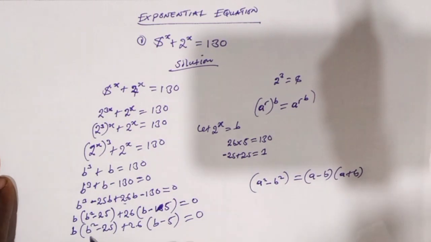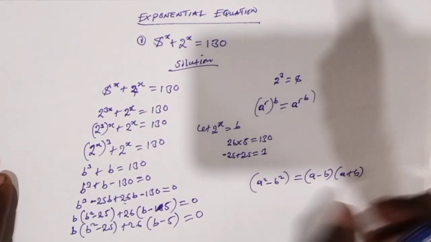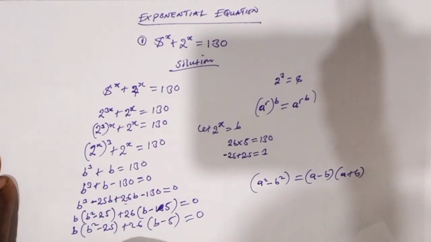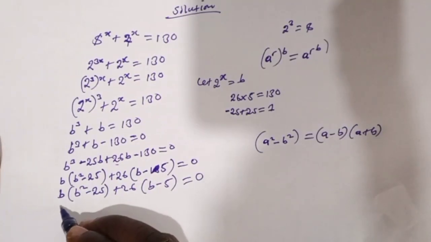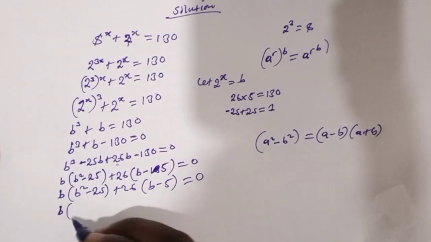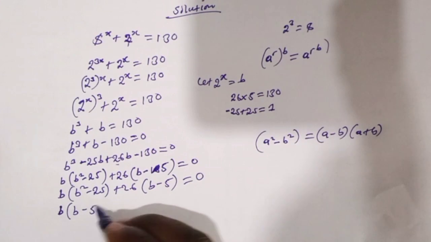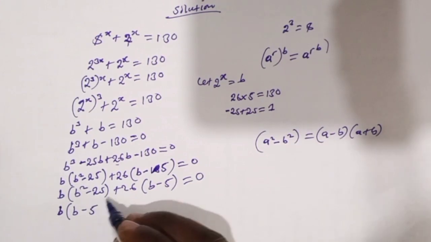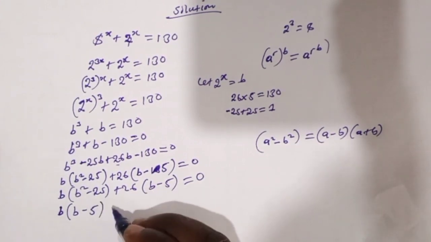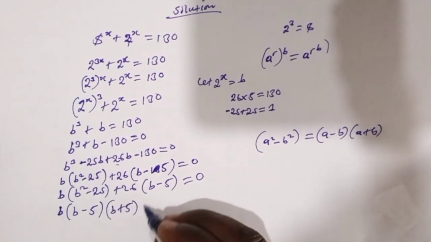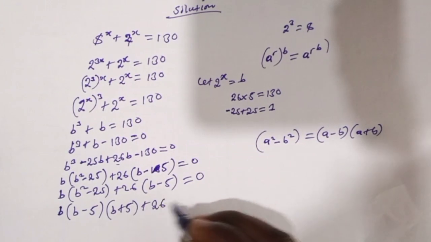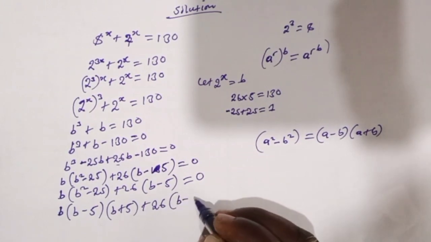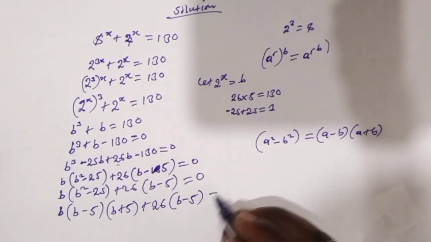So we take this term, with b outside, and here we have b minus 5, since the square root of 25 is 5, then b plus 5. Then plus this 26, then (b minus 5), which equals 0.